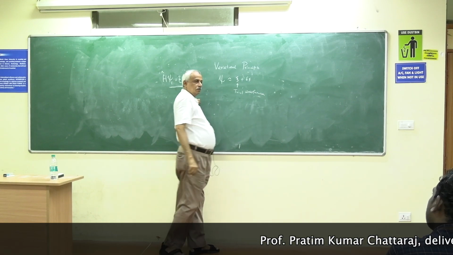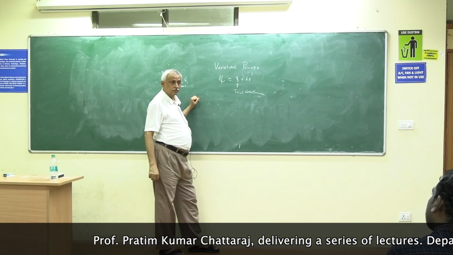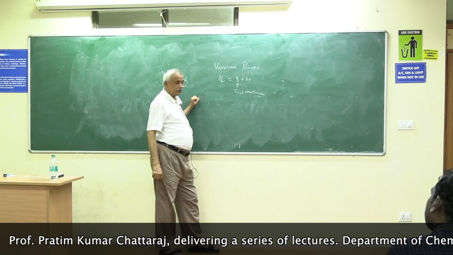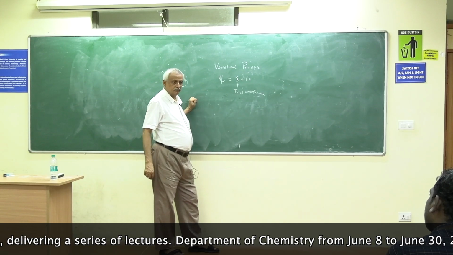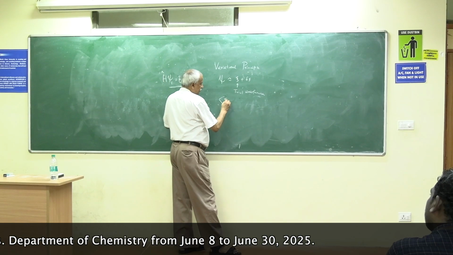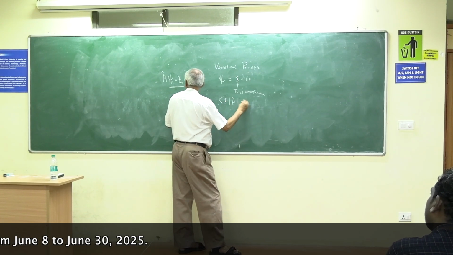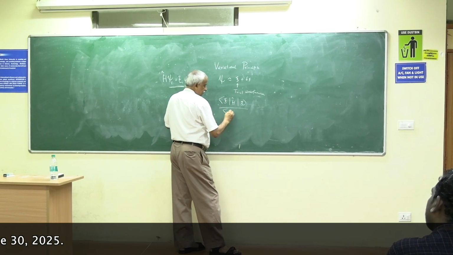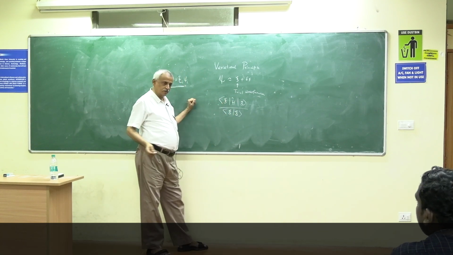Okay. Now this variational principle says that with this trial wave function, if I construct my energy, the Hamiltonian remains the same. So we know the expectation value over this trial function.